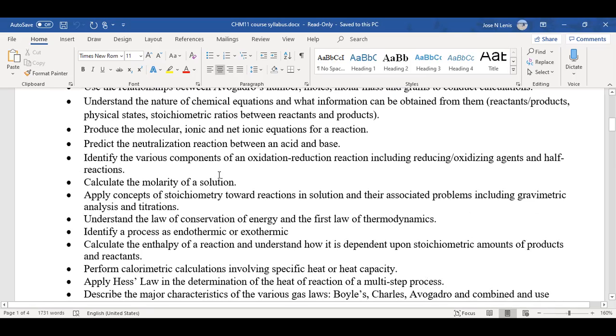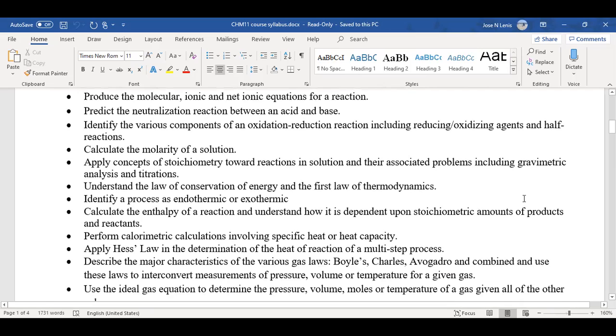We are going to calculate molarity of solutions and talk about redox reactions, oxidation-reduction. We will apply stoichiometric calculations in chemical reactions to find amounts of reactants or products, including yield and percent yield.